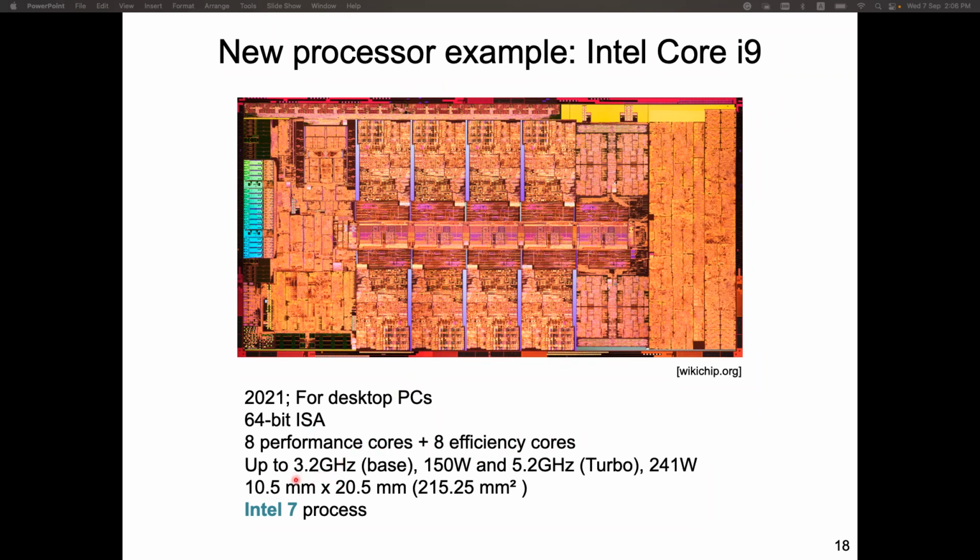Clock rate is not much higher than the previous generation. It's 3.2 gigahertz, but it can be turboed to 5.2 gigahertz. If you increase the clock rate, of course, the power consumption will increase. The size is around 10 millimeters by 20 millimeters. It's fabricated in a process named Intel 7. Intel 7 does not mean 7 nanometer. I will talk more about this later.